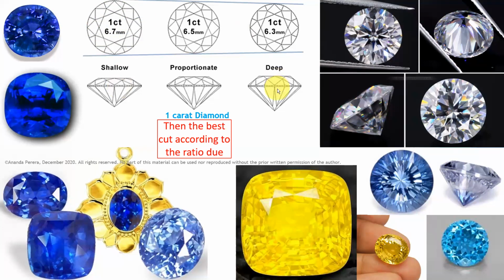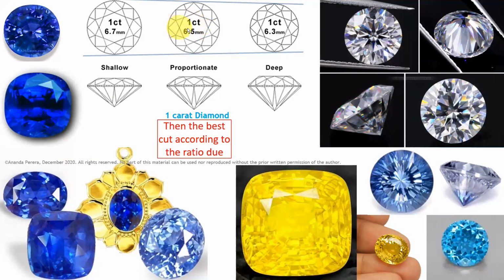If it is a deep cut, it also gives light leak. Then it is a 6.3 millimeter surface. But all are 1 carat. Now you can see the differences. If the diamond is proportionally cut, it is 6.5 millimeter round with the brilliant cut. It gives 1 carat accurately.